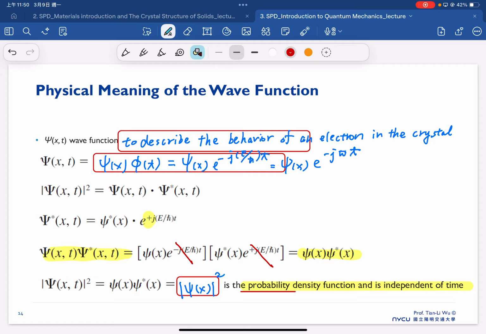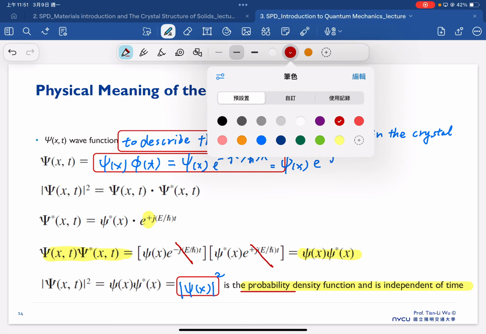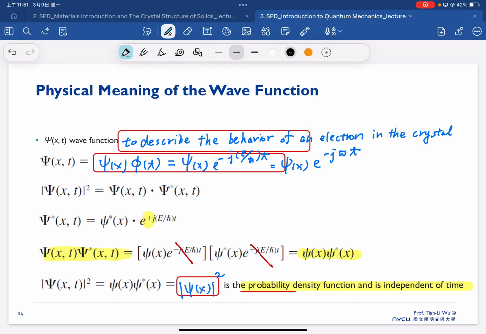So that means, based on the wave equation, what we derive from the wave equation to the quantum mechanics, in the end that will tell us once you have the electrons, you have the barriers here, and you have the electrons trying to move from left to the right.